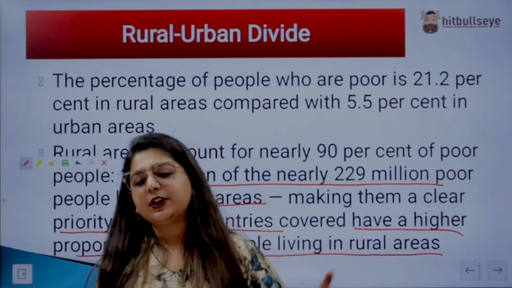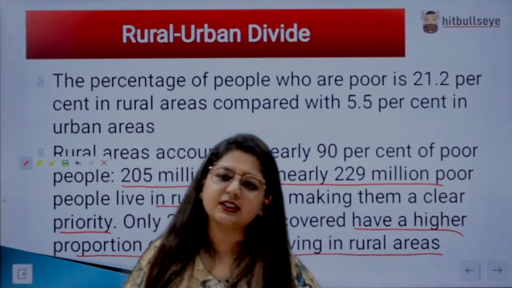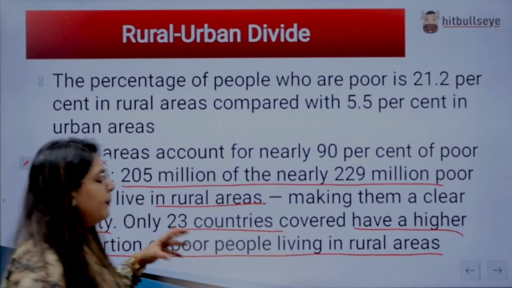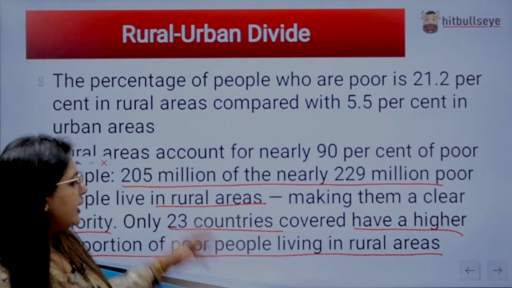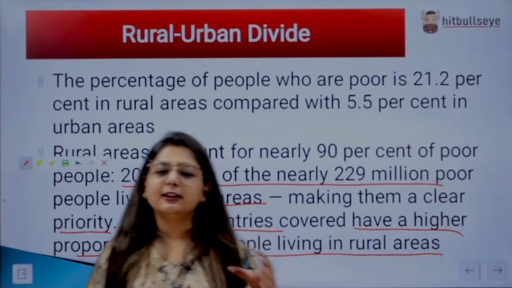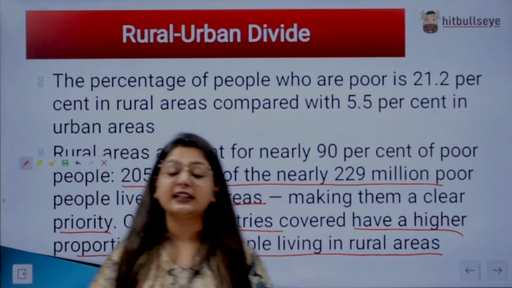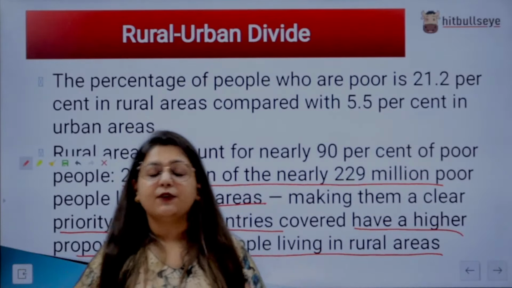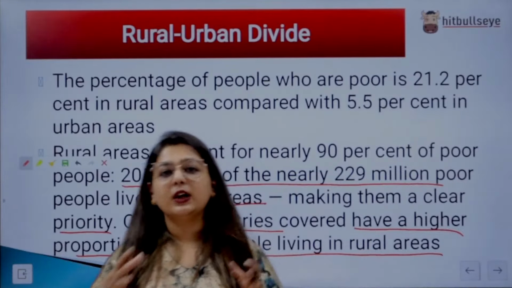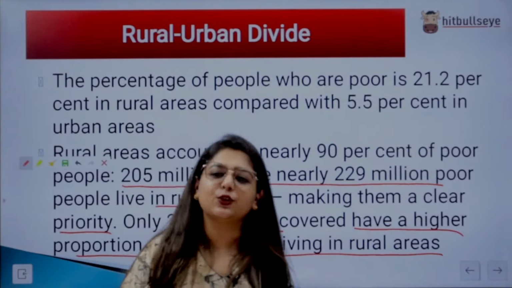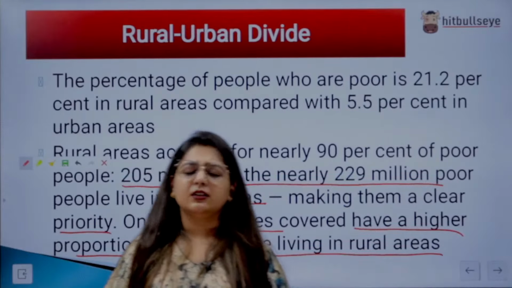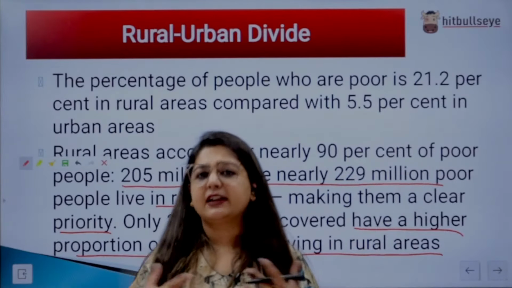Out of 111 nations, 23 nations are there where the proportion of poor living in rural areas is higher than the urban areas. Which means that yes, there are many countries where the population of poor living in urban areas is higher than in rural areas. So maybe one possibility is the migration ratio.